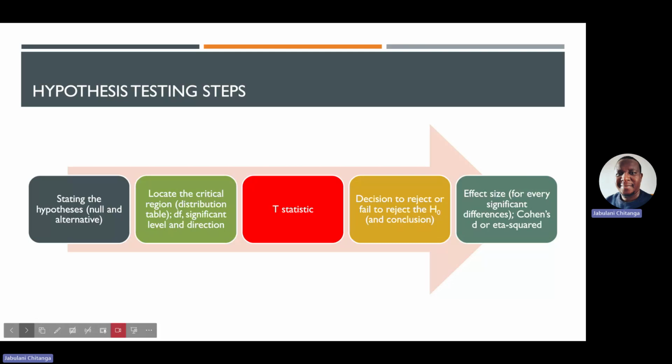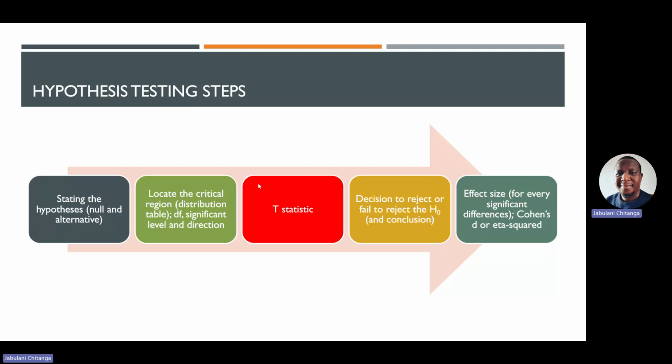But obviously, in most cases, the questions ask you to test hypotheses, for example, whether there is a significant difference between the treatment group and the control group. So you start by stating the hypotheses, the null hypothesis and the alternative hypothesis.